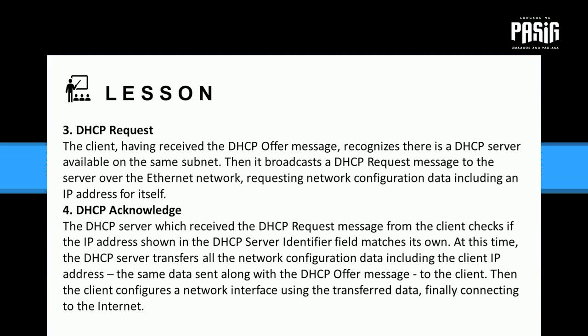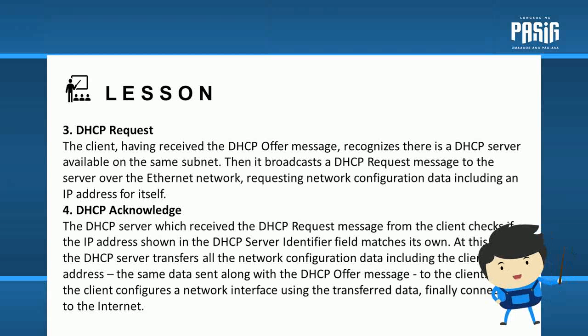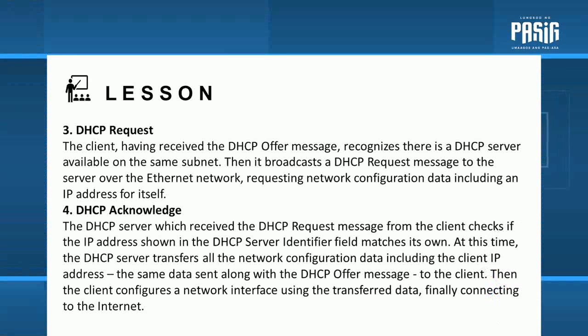At this time, the DHCP server transfers all the network configuration data, including the client IP address. The same data sent along with the DHCP offer message to the client. Then, the client configures a network interface using the transferred data, finally connecting to the Internet.